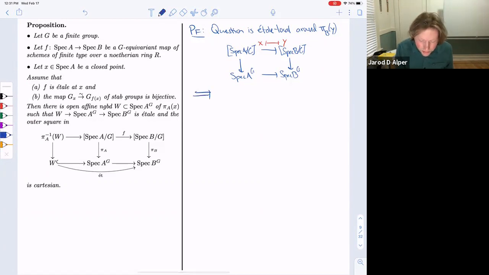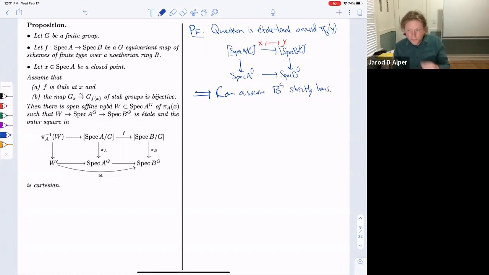And what that tells us is that we can assume that B^G is strictly Henselian.